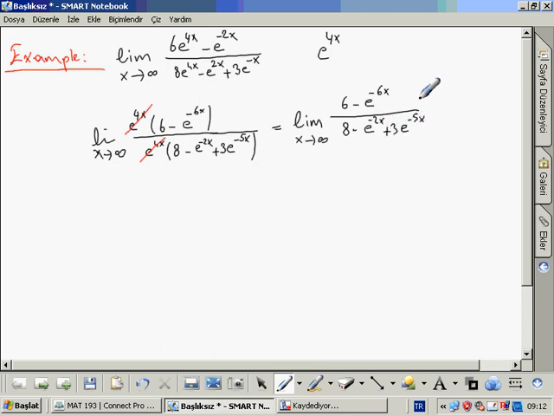When x approaches infinity, at the numerator we get 6 minus 0, and at the denominator 8 minus 0 minus 0, so it's equal to 6 over 8, which is 3 over 4.